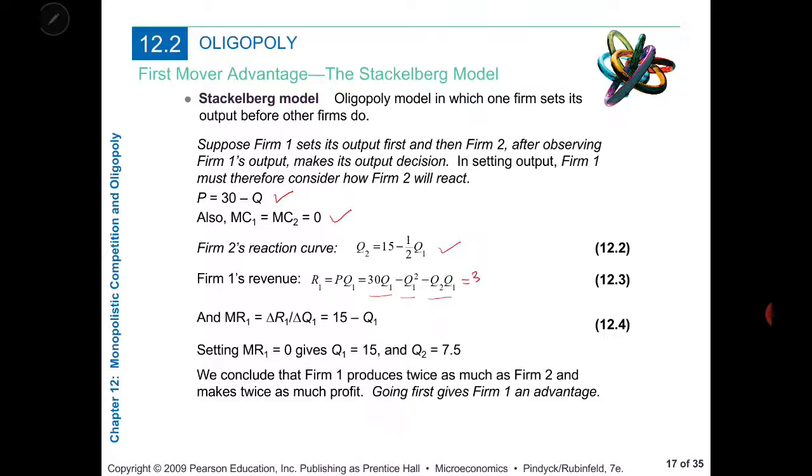So 30Q1 minus Q1 squared minus Q1 times Q2, and we know that this is how you replace Q2. Sorry, no, Q2 is 15 minus half of Q1. So when you open this.